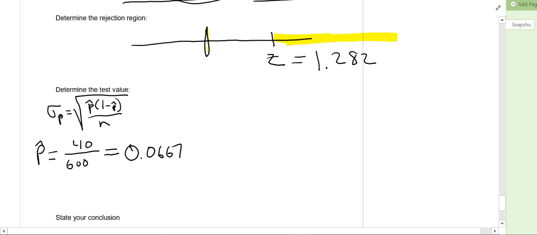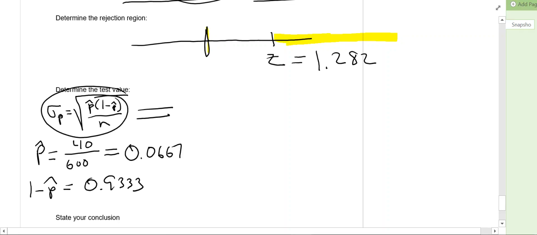So the opposite of p hat, 1 minus p hat, is going to be 0.9333. If you plug these numbers into the formula, and you divide by n, which is equal to 600, do your math, you're going to come out with sigma equal to 0.0456.